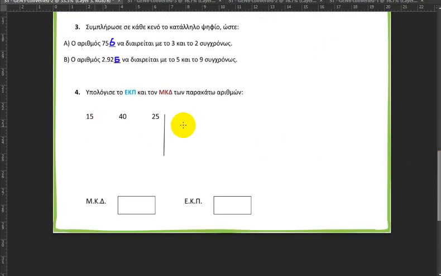Here we want the least common multiple and greatest common factor of these numbers. Least common multiple. And this is divisible by 2, so it becomes 20. The other two stay the same. Actually, you know what? No, I'm gonna write them down.